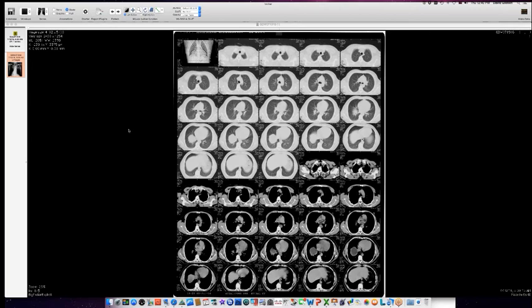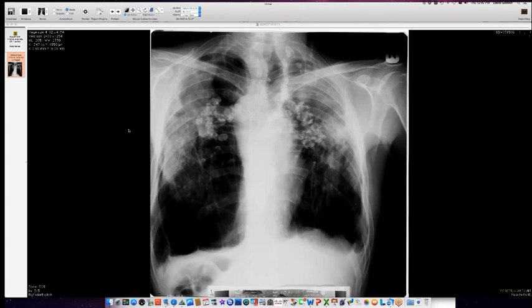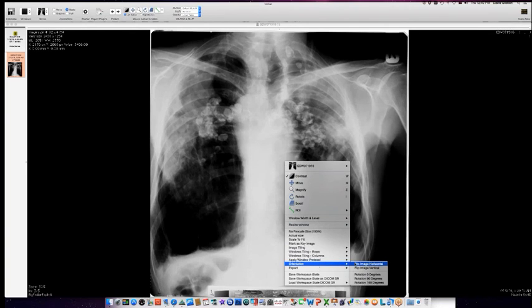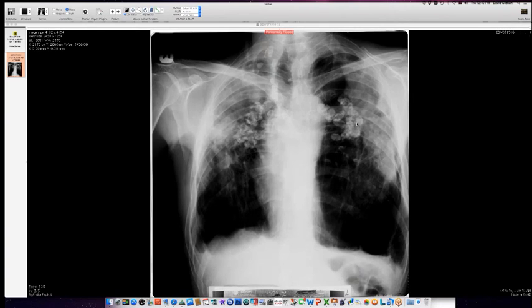And let me see if I can bring up these others here. And then here are two coal miners from Iran with extensive distortion here in the upper lung. So this is complicated silicosis. I have this image reversed. Let me flip it around for you here. But these lymph nodes, including calcified eggshell nodes in the neck as well.